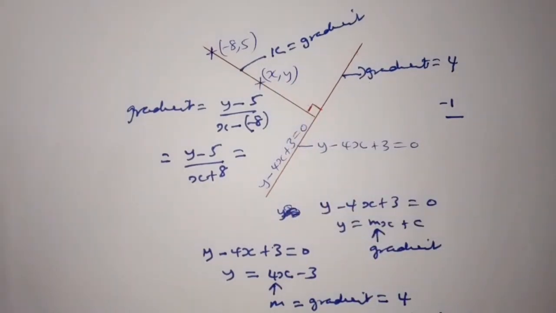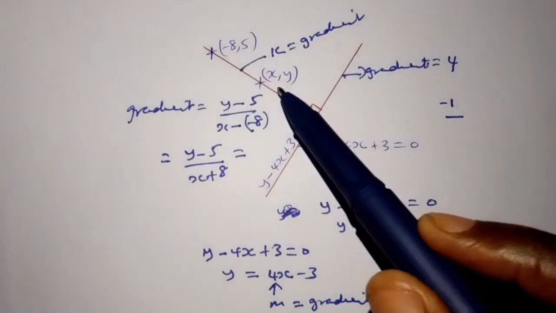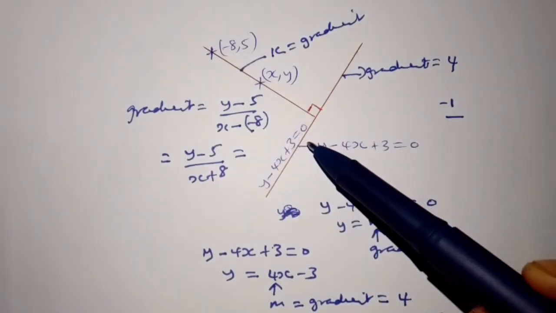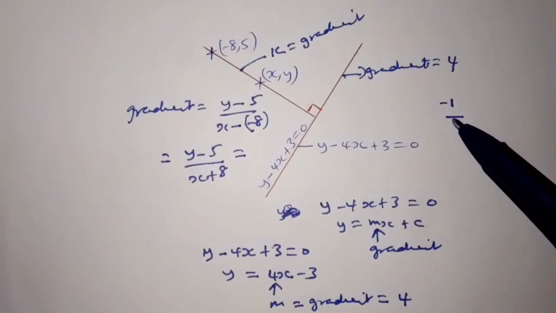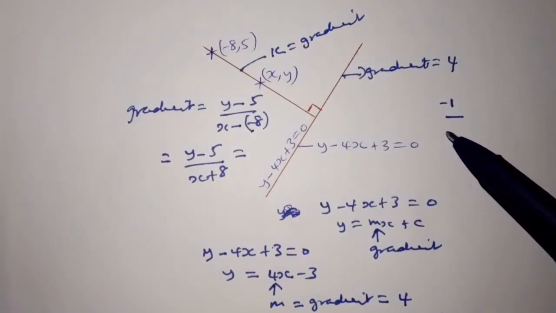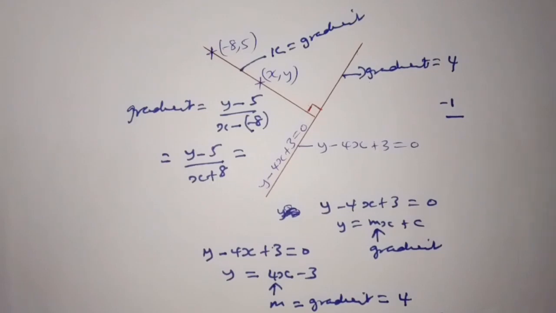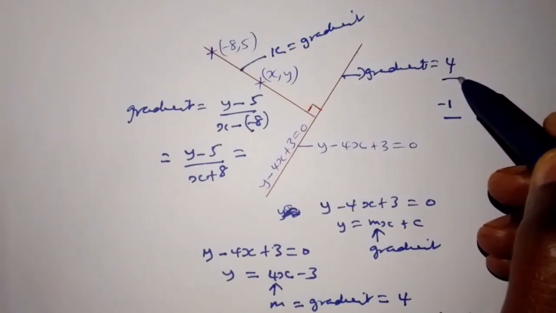And we know that the product of the two gradients, the gradient of this line and this line, is supposed to give us -1 because they are perpendicular to one another. And we have already found the gradient of this line to be 4.